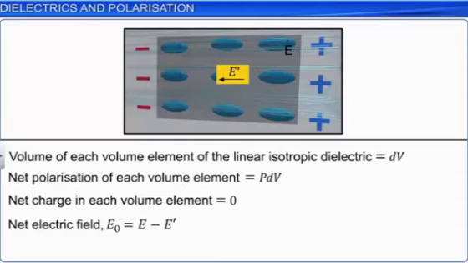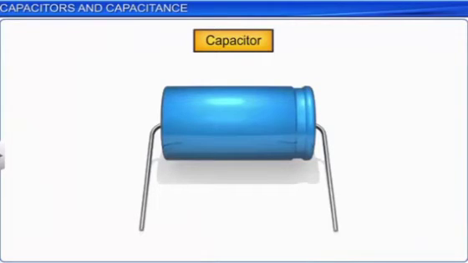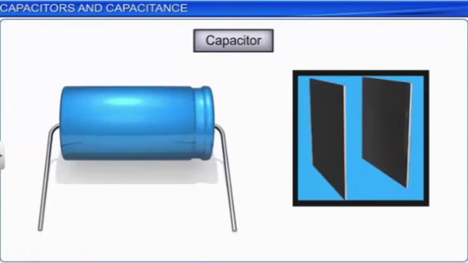Dielectric materials, being non-conducting, are useful in many devices like capacitors, transformers, etc., because of their inherent properties. Capacitors are devices that store electric charge. A capacitor essentially consists of a system of two conductors close to each other and separated by an insulating medium.